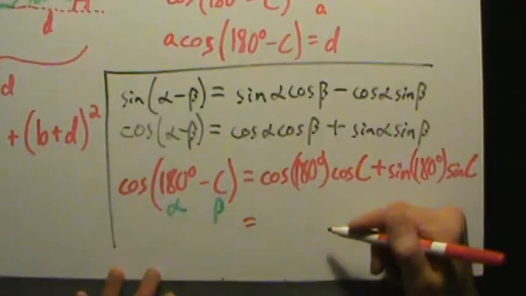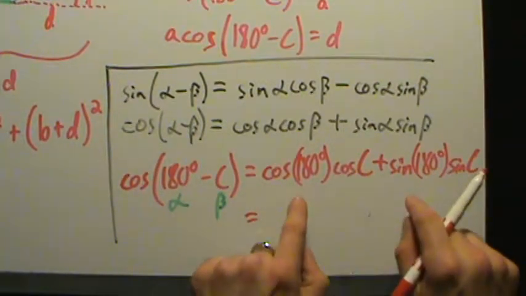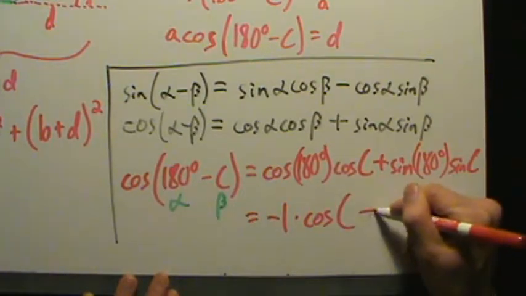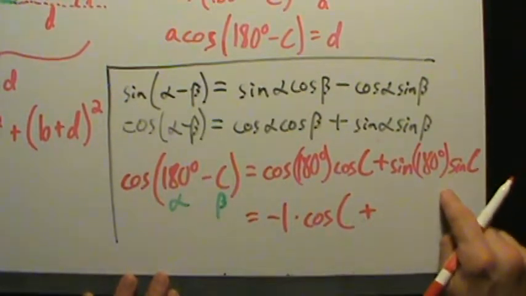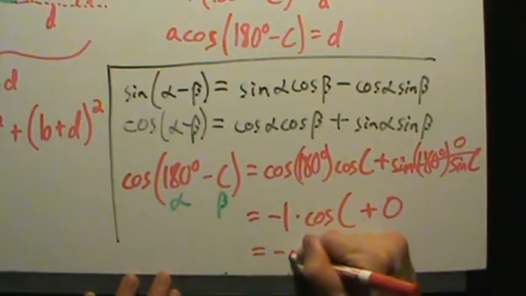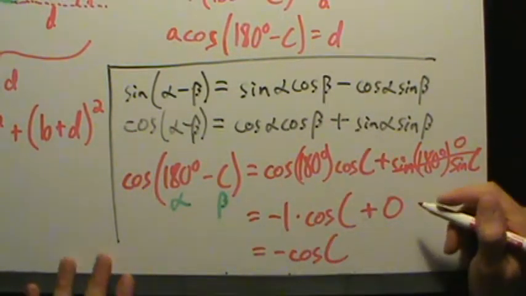How does that simplify? Well, same values as before. Cosine of 180 degrees is -1, so this is -1 times cosine of c, plus sine of 180 degrees is 0, so this whole term is 0. So this is just negative cosine of c, okay?